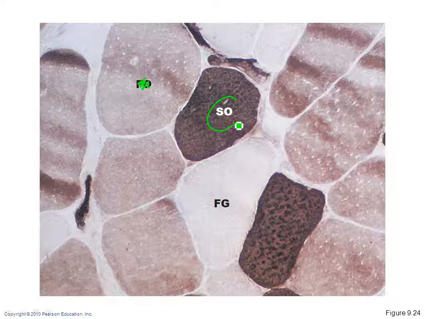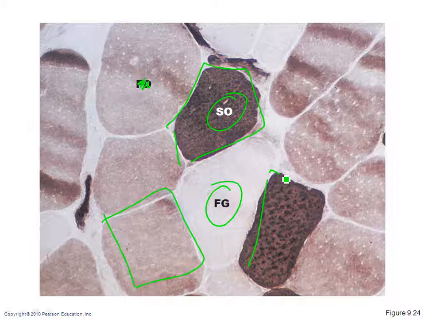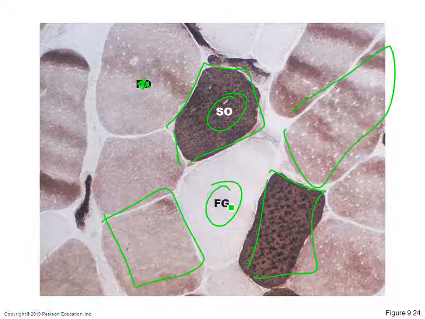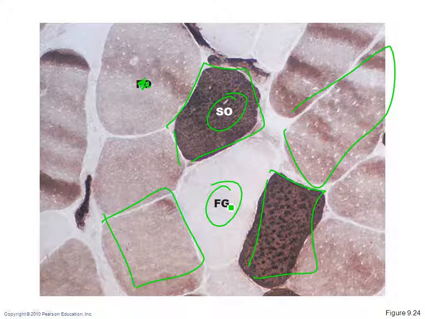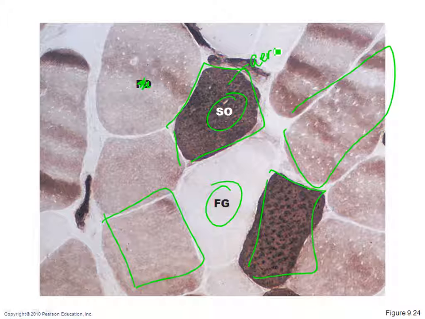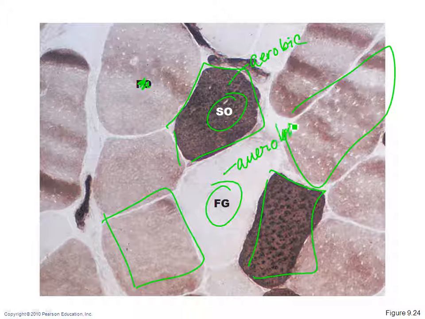I want to make sure that we see slow oxidative, fast glycolytic. These are muscle fibers, right? So here is a fast glycolytic and a slow oxidative. Slow oxidative is more red because it has more oxygen stored, right? So these are going to be the ones that are aerobic, and these are the ones that are going to be anaerobic. And I'm just using that as a general reference.